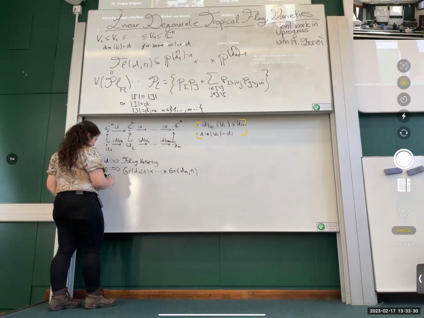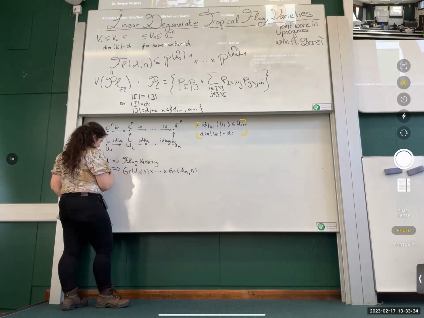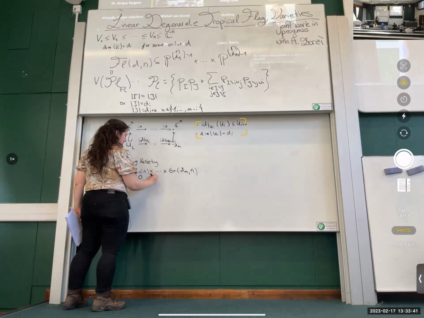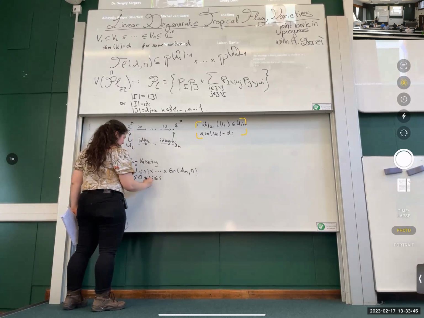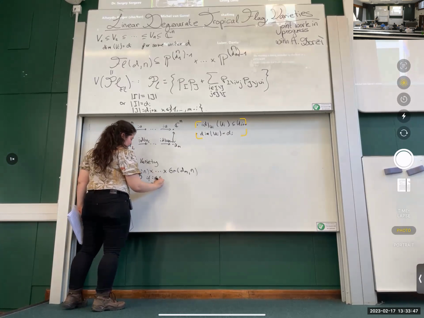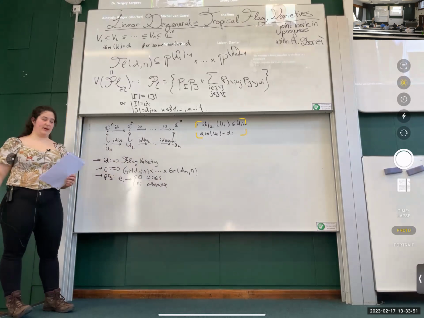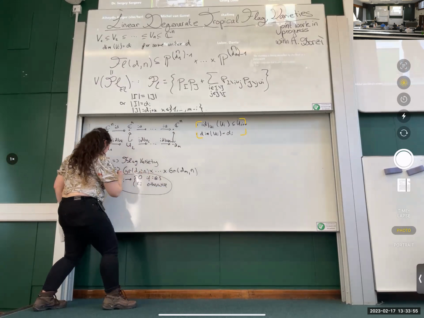A projection map, for me, sends e_i to 0 if i is in S, and to e_i otherwise. And we linearly extend this map that is defined on the bases. And these are the cases we're interested in today.